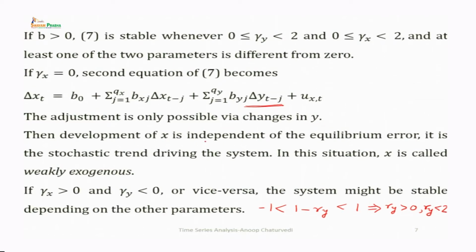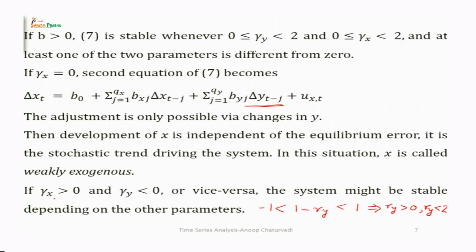X is independent of the equilibrium error. Only the stochastic trend is driving the system, means this equation. So, in this case we say that x is weakly exogenous. In the long run, x is affecting y, but y is not affecting x.